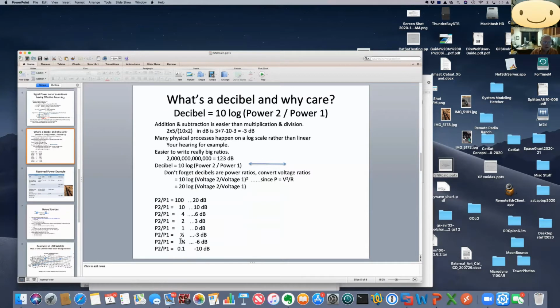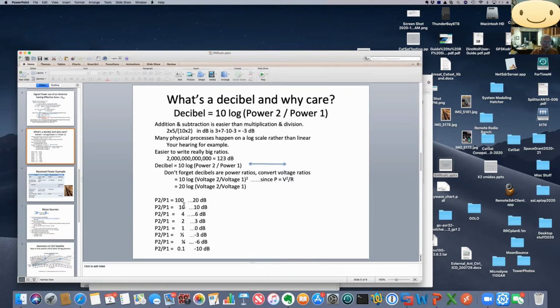So when people are telling you the gain of this antenna is 10 decibels, what they're really saying is the power ratio is 10. If they're telling you the gain of the antenna is 20 decibels, they're telling you that it's a factor of 100. Why do we care?